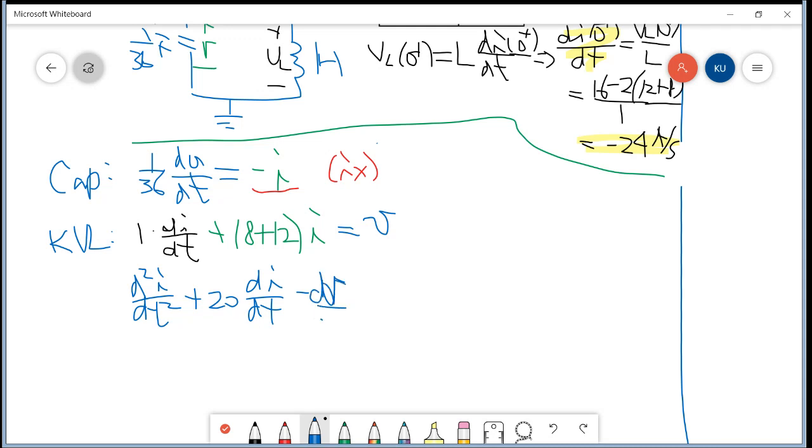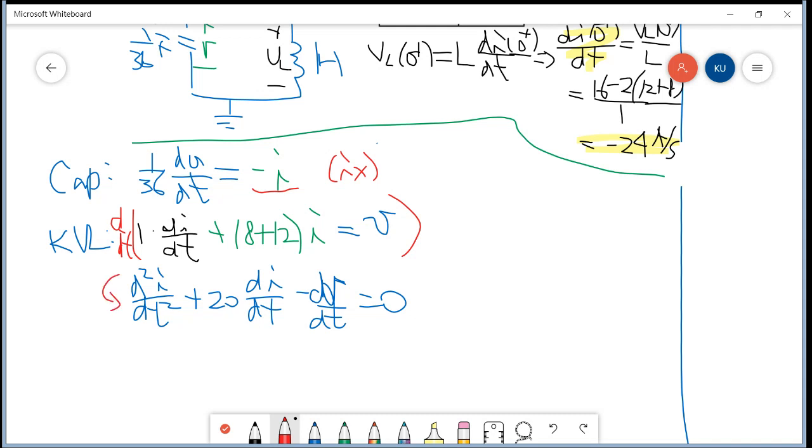We need to take the first derivative equals to 0. We just did this by taking the derivative of the whole equation, and then we get this one.